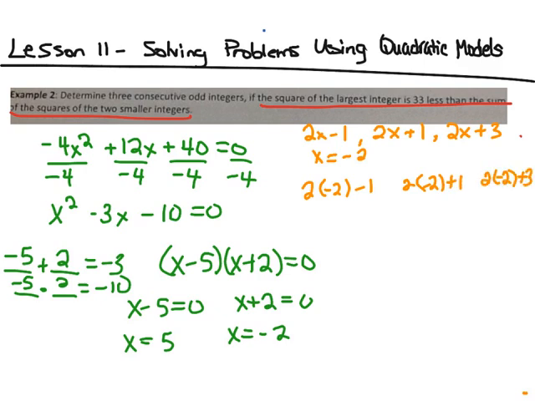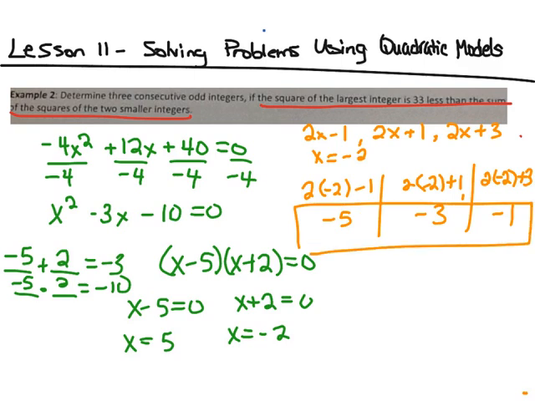And you should get negative 5, negative 3, and negative 1. So 2 times negative 2 is negative 4, minus 1 is negative 5, plus 1 is negative 3, plus 3 is negative 1. So our first set of consecutive odds are negative 5, negative 3, and negative 1.